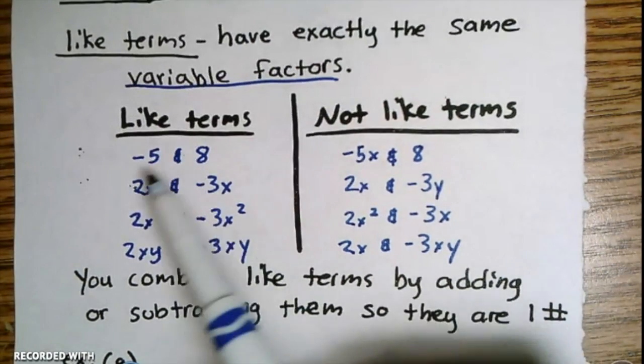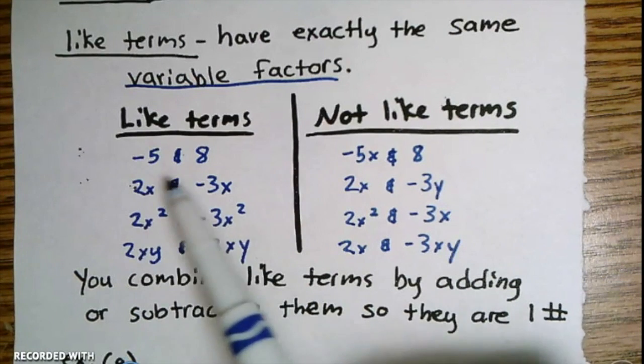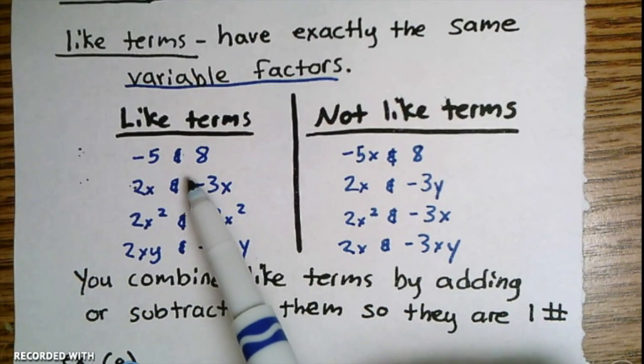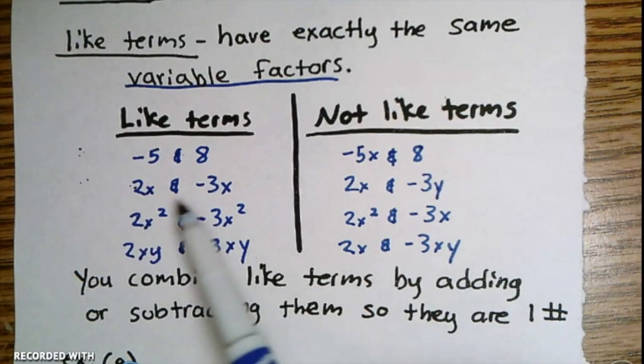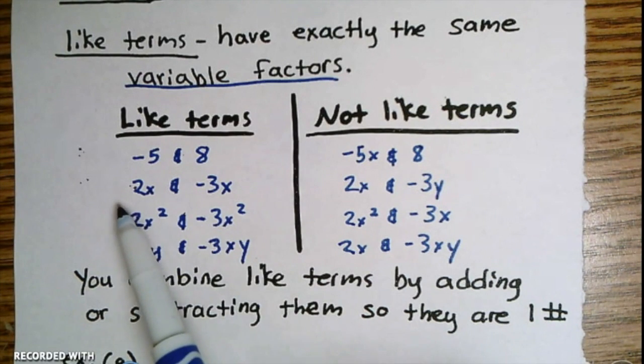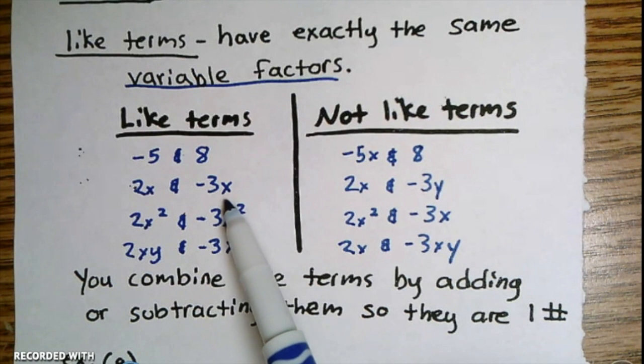We do that all the time with numbers, right? -5 and 8, if I wanted to combine them or simplify them, I could add those two together and it would be +3. I can do the same thing if they both have an x. I would do 2 and -3, which would be -1, and then they would keep their variable, so they would just be -1x or -x.